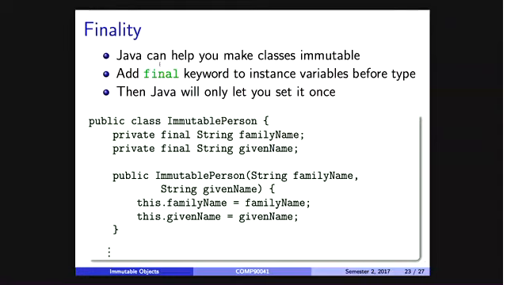So if we declared family name and given name to be private final, that's it. It's immutable. All of its instance variables cannot be changed. Well, at least they can't be changed outside of the constructor, and they can only be changed once in the constructor. So that's it. And now it's safe. It's immutable.